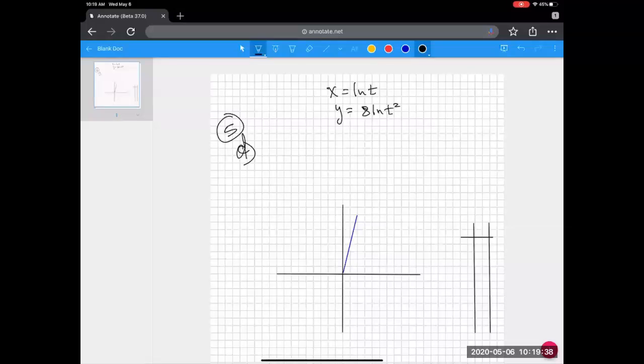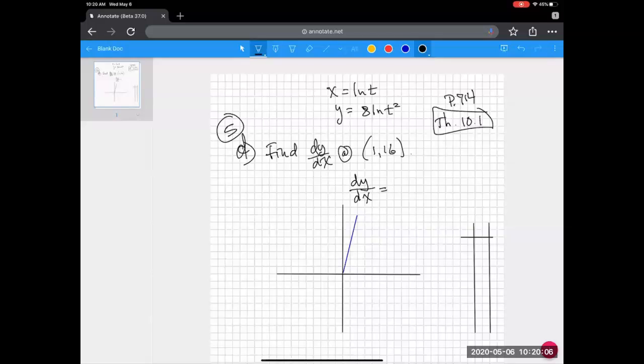For D, it says find dy/dx at the point (1, 16). On page 714 was theorem 10.1, and it gave us a formula for dy/dx. It basically said you can do this by doing dy/dt over dx/dt.